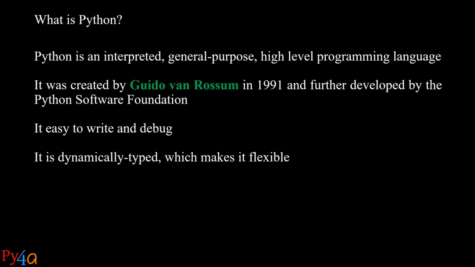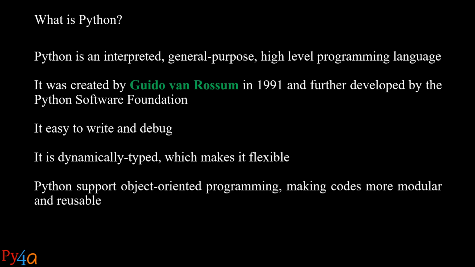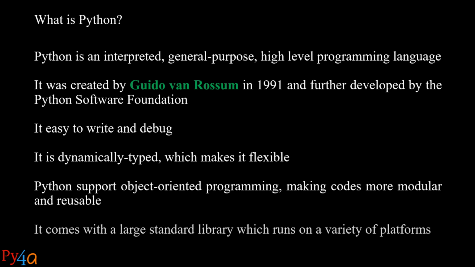It is dynamically typed, which makes it flexible, but also prone to errors. Python supports object-oriented programming, making code more modular and reusable. Python comes with a large standard library, and runs on a variety of platforms.